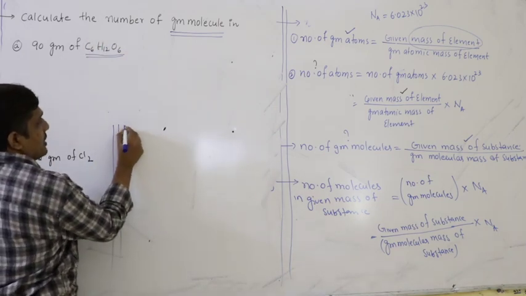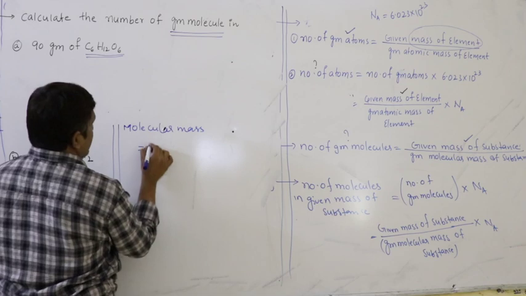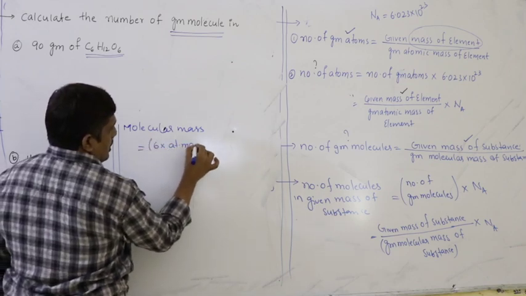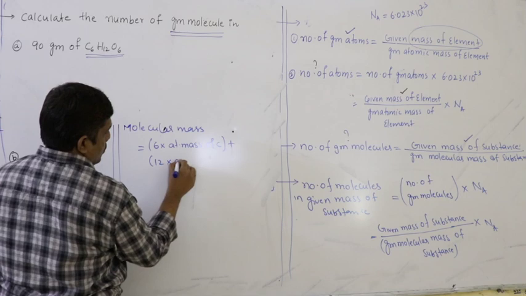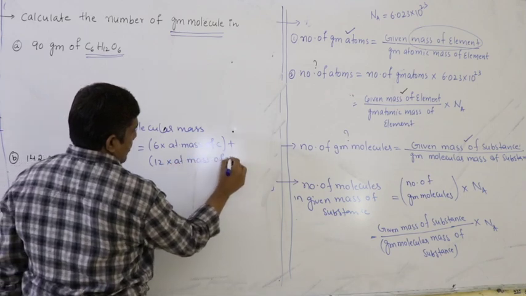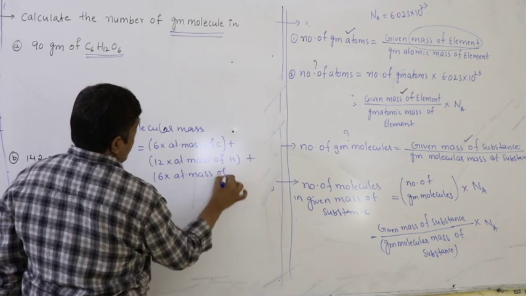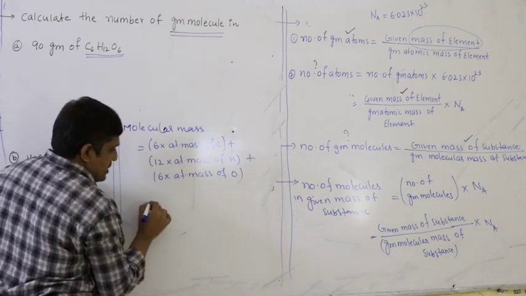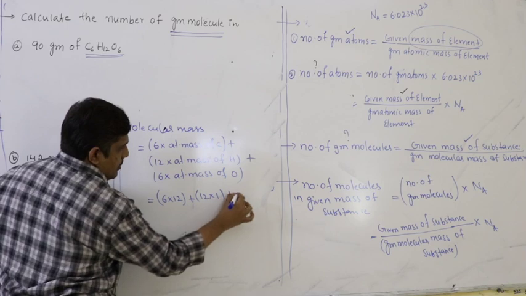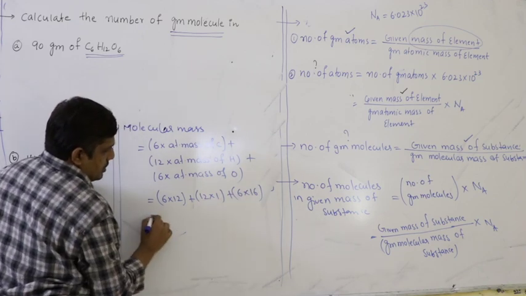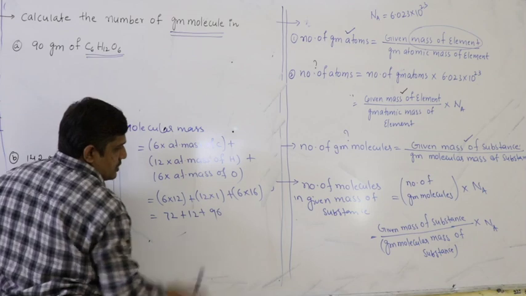Therefore, molecular weight or molecular mass is equal to 6 into atomic mass of carbon plus 12 into atomic mass of hydrogen plus 6 into atomic mass of oxygen. 6 into 12, plus 12 into 1, plus 6 into 16. 6 twelves are 72, 12, 6 sixes are 36, 96.